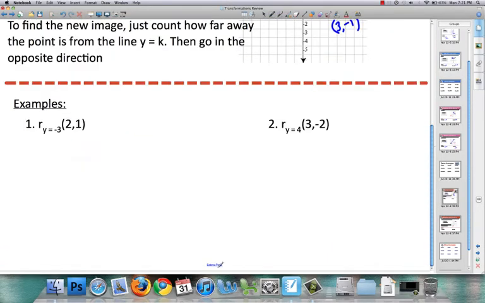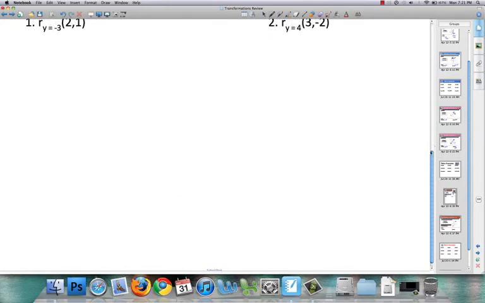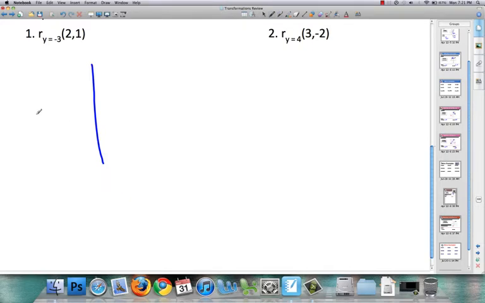So if we look at these examples here, we have to reflect the point (2, 1) in the line y = -3. So (2, 1) is right here. Here's our line y = -3.